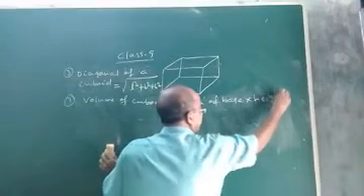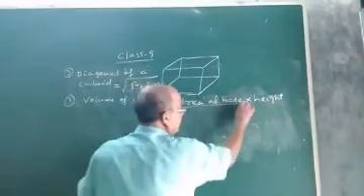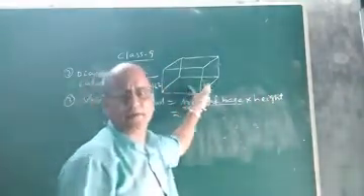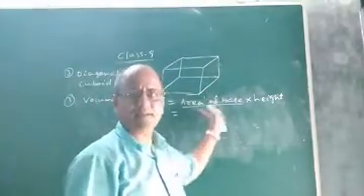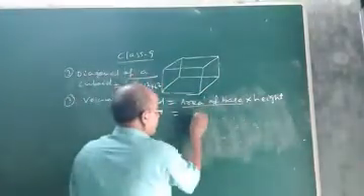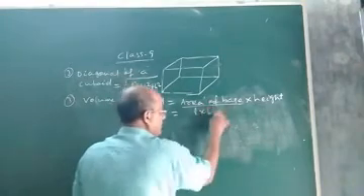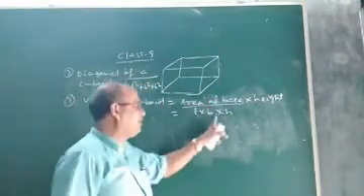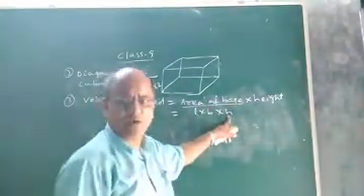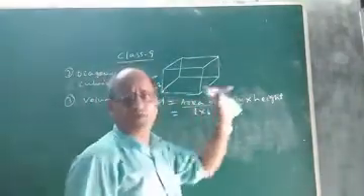Okay. Now what will be the formula for area of base? As you know, the base of a cuboid is a rectangle. So area of base is L into B, and multiplied by height H. So L into B into H will give you your volume of cuboid.